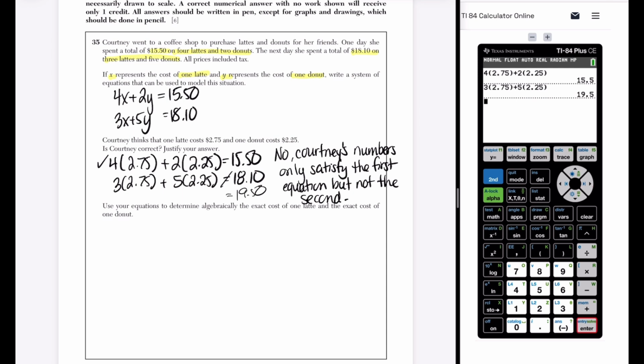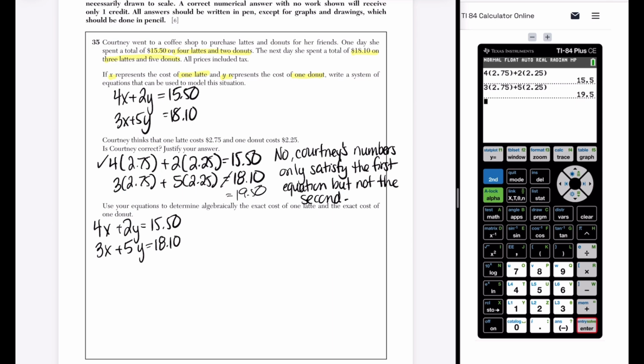All right, so now we actually have to solve it to find the cost of a latte and a donut. So looking at both equations, I have 4x plus 2y and 3x plus 5y. And you get to decide what you want to use for this.